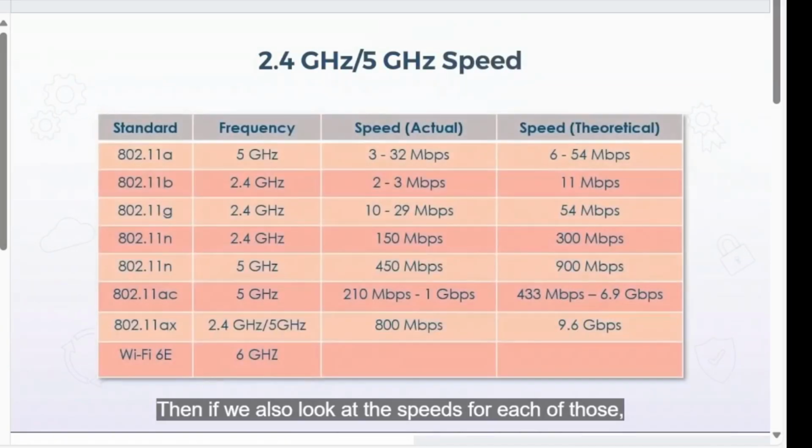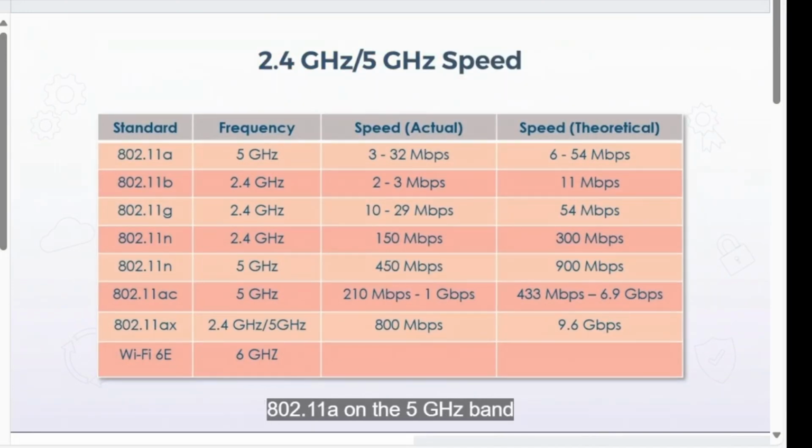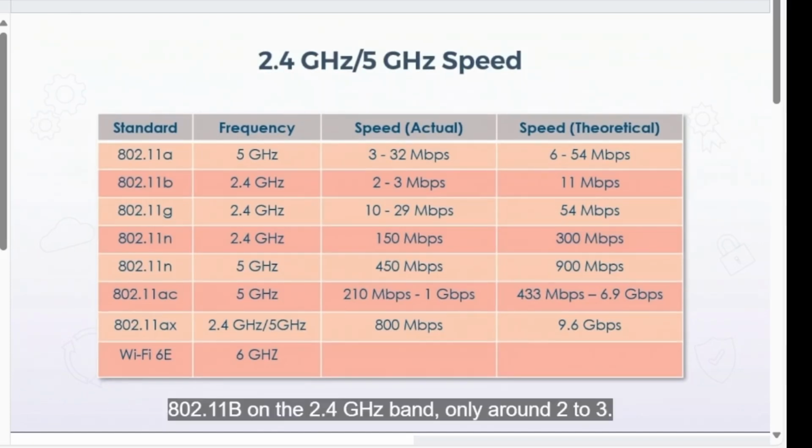Then if we also look at the speeds for each of those, again, it depends on the implementation, but going back to some of the earlier ones, 802.11a on the 5 GHz band typically would achieve between 3 to 32 megabits per second. 802.11b on the 2.4 GHz band only around 2 to 3.